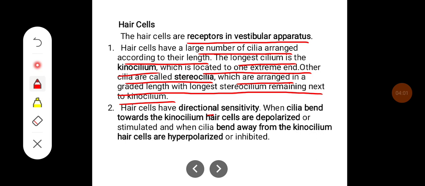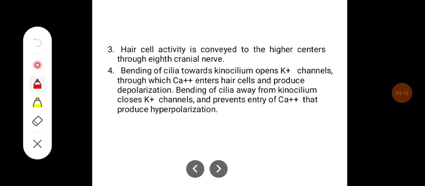Hair cells have directional sensitivity. When cilia bend towards the kinocilium, hair cells are depolarized or stimulated, and when cilia bend away from the kinocilium, hair cells are hyperpolarized or inhibited. The hair cell activity is conveyed to the higher centers through the 8th cranial nerve.